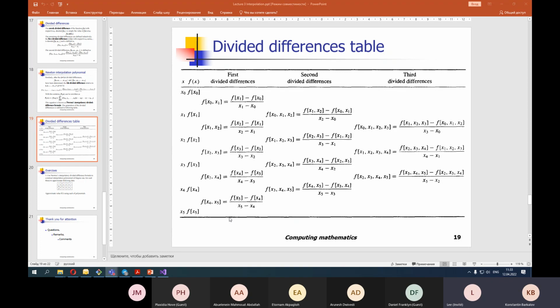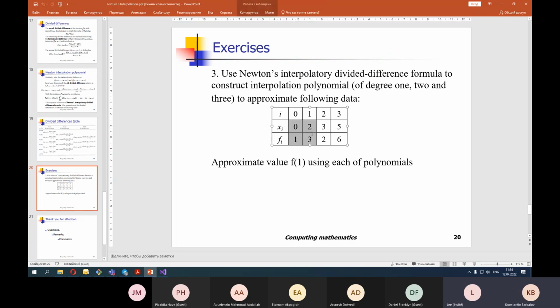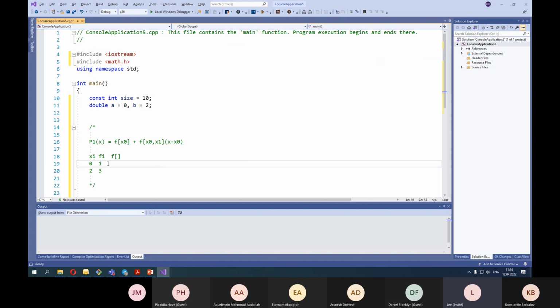I'm waiting for your answers. This is the initial data: 0, 2, 1, 3. What is the value of the first divided difference?